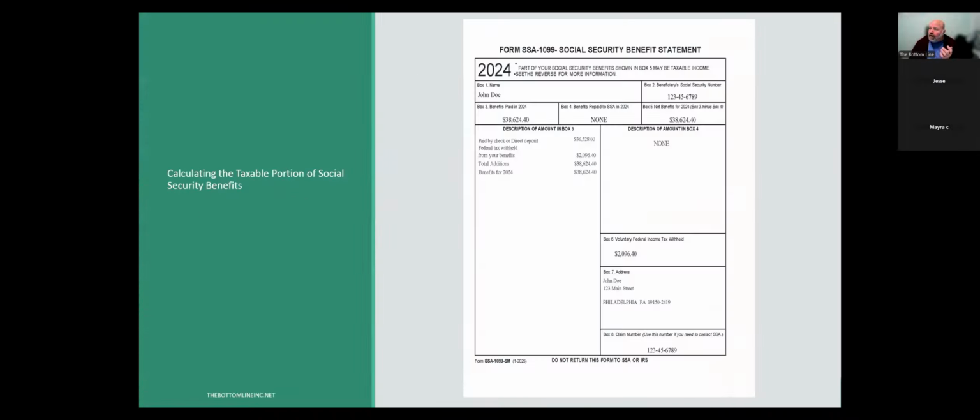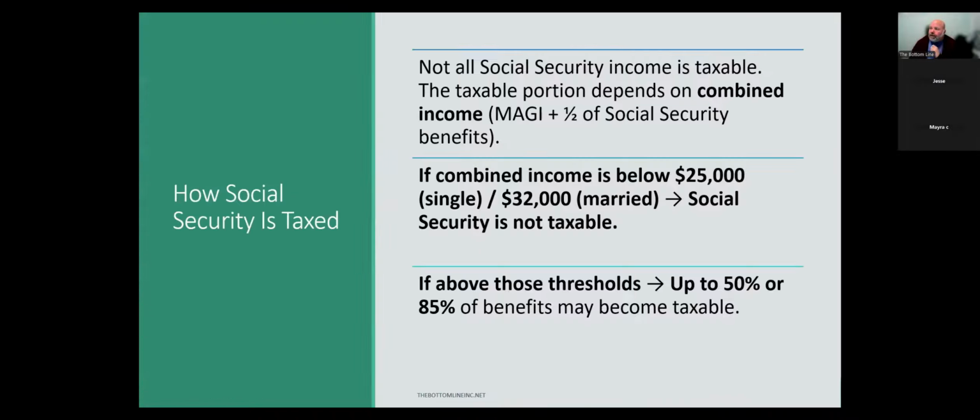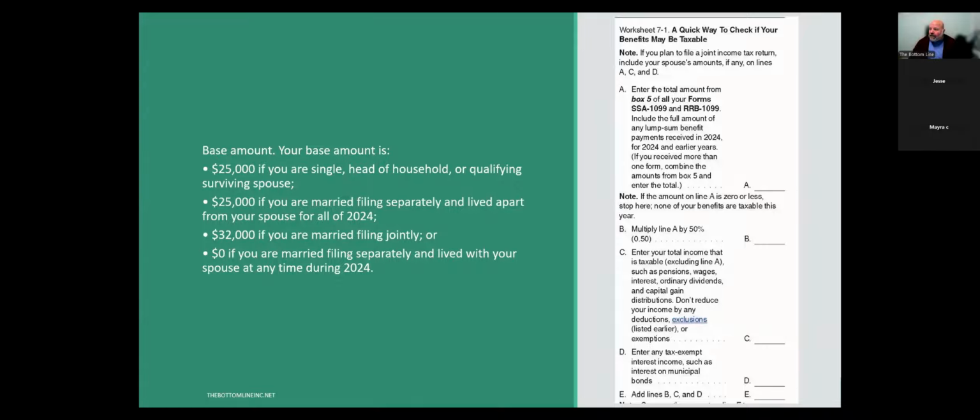Filing jointly was 32,000. So we're going to go back here to those baselines. So if line E is more than 25,000 if it's a single person, or 32,000 married filing jointly, if it's more than that, then they have to claim some of their Social Security income.